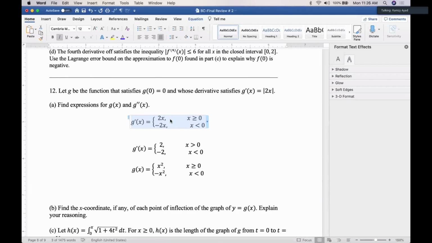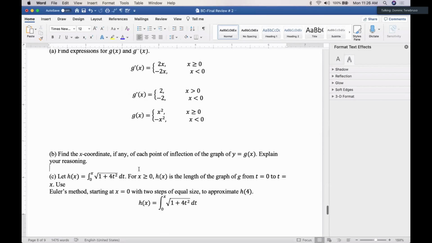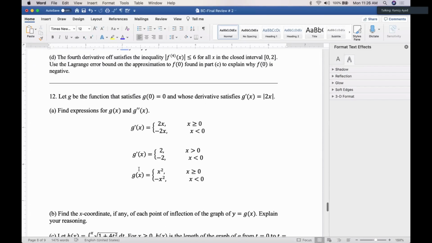We found the second derivative. Oh, we have it already? Yeah, because it gives you the first derivative, so that's the negative 2x. I forgot to make it a second derivative. Okay, so I have the second derivative, it equals this and that, and it's not defined at 0.